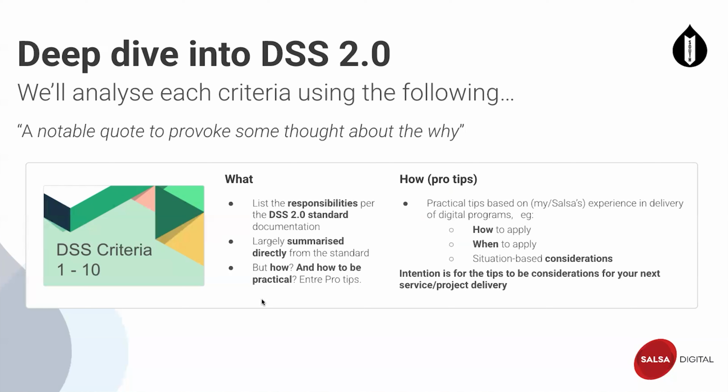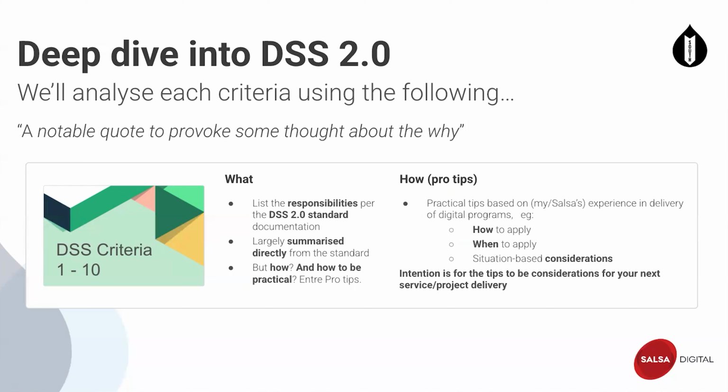So what I tried to do there, based on my own and Salsa's experience in delivering digital services, is describe how to apply, or maybe when to apply, or other situational considerations. And really, it was my intention to have some useful takeaways.